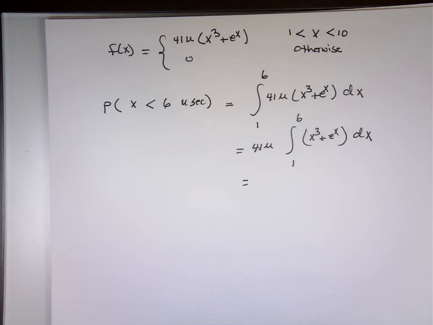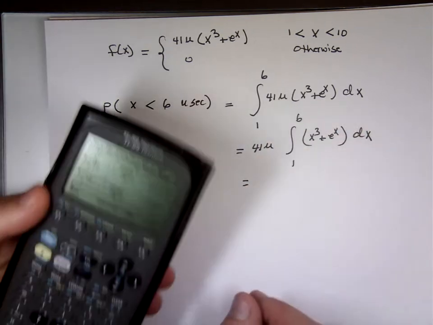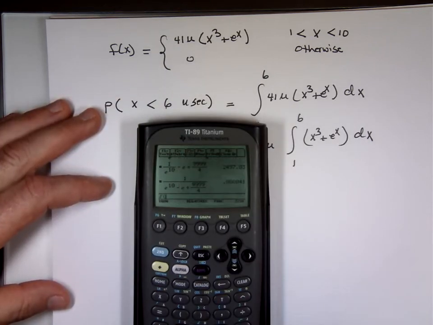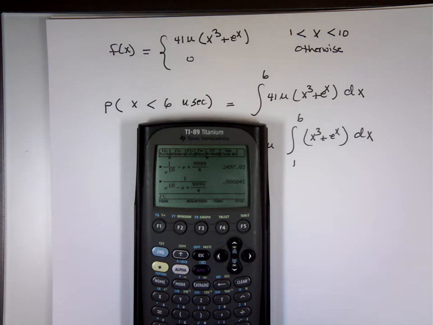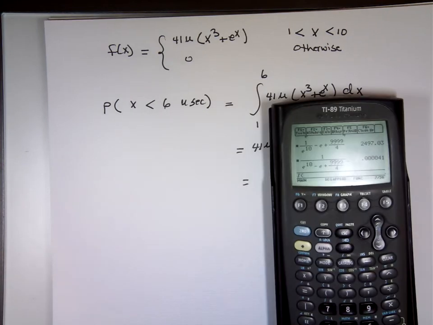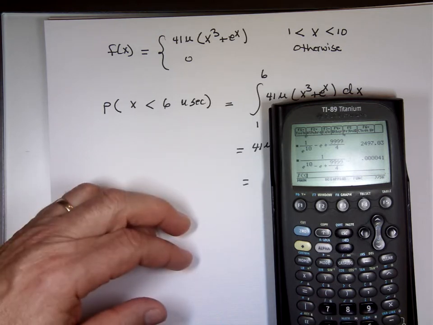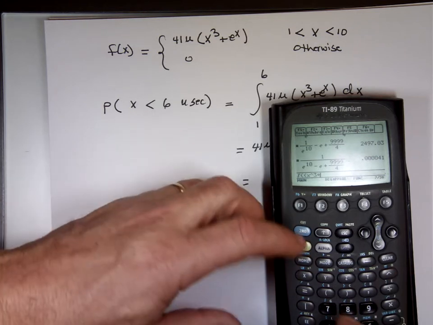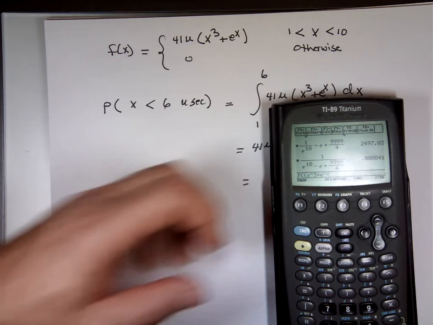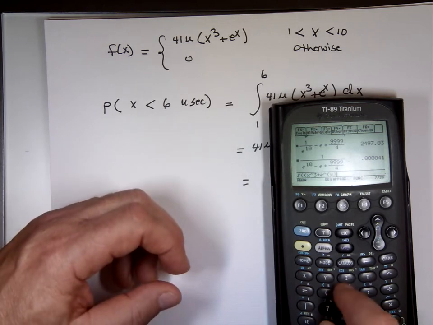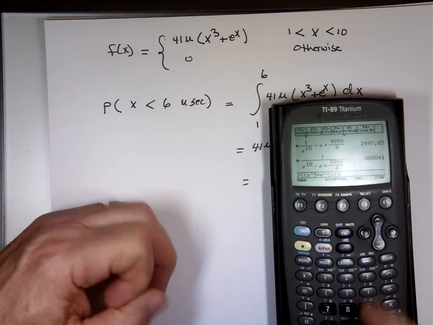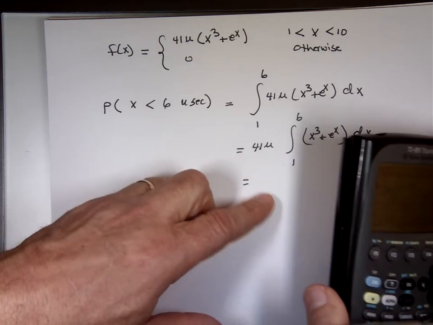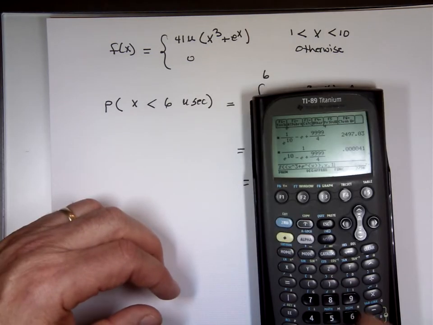So let me integrate this on my calculator. I'll cheat again. F3. Integrate that one. There's my calculator. Can you see it? Yep. I'm going to do bracket x to the third plus e to the x, close that, comma, with respect to x, comma, from 1 to 6, 1, comma 6.